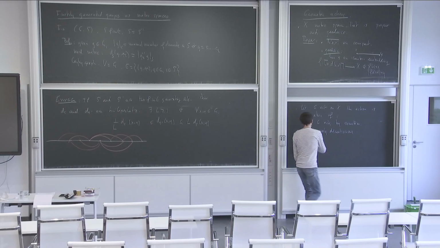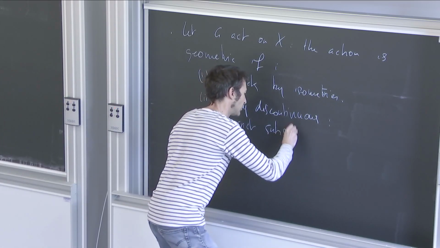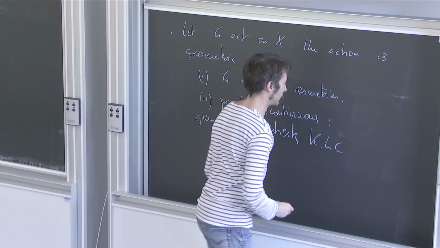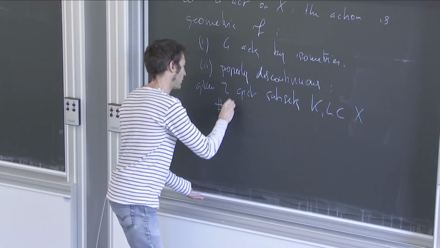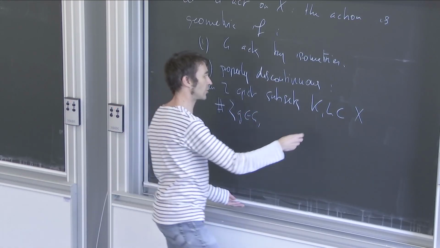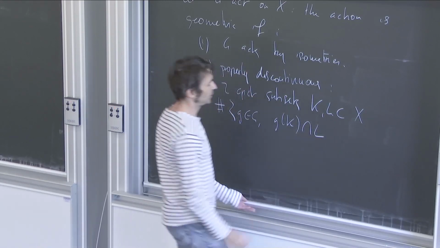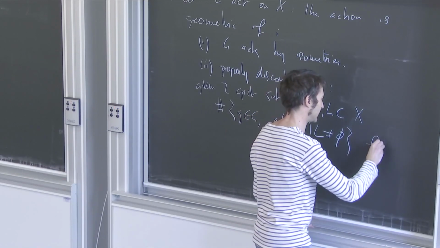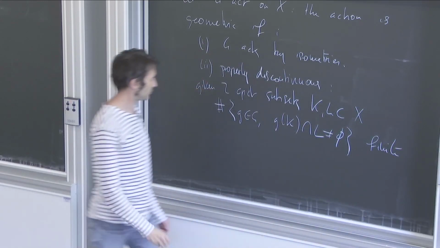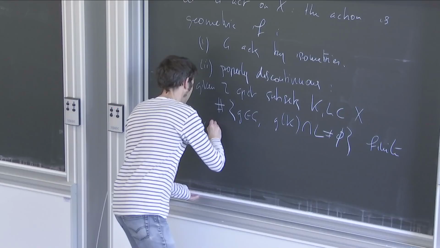This means that given two compact subsets K, L in X, if I count the number of elements g such that when I translate K by g it intersects L, then I want this to be finite. And the third condition is that the action is co-compact.